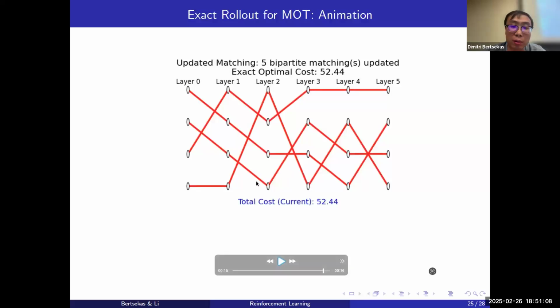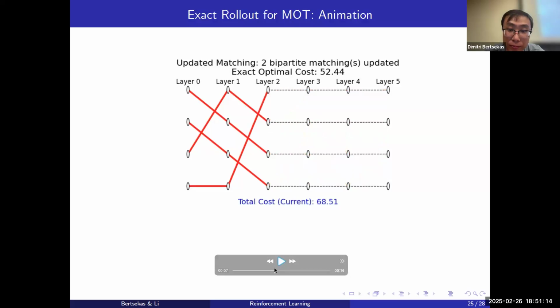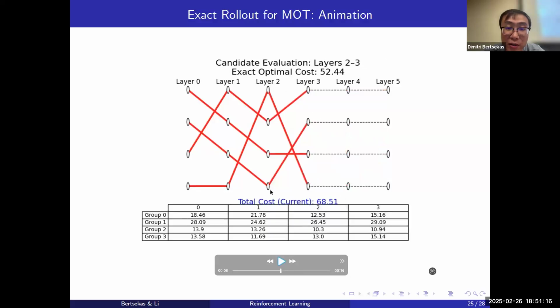So again, let me repeat, suppose at this layer, given that you have constructed the assignment of the preceding 3 layers, and the tail portion is given by the base heuristic, each arc between those 2 layers depends on the tail portion and the initial portion.